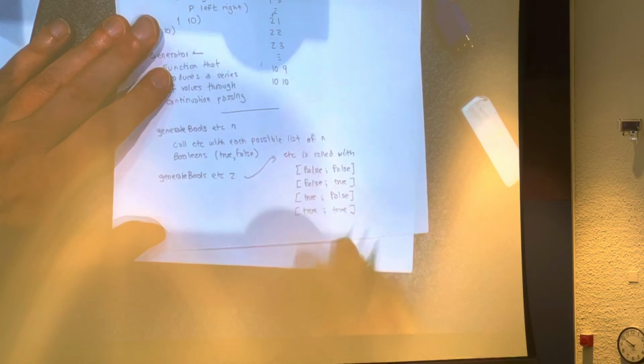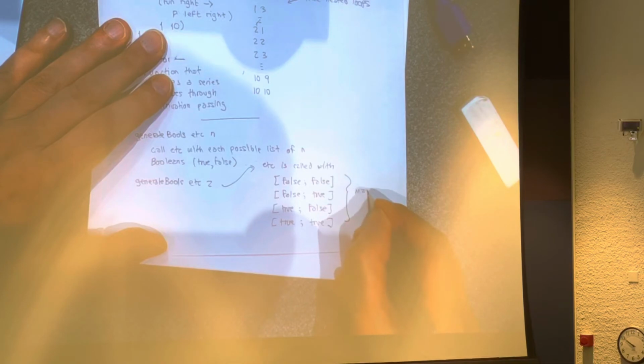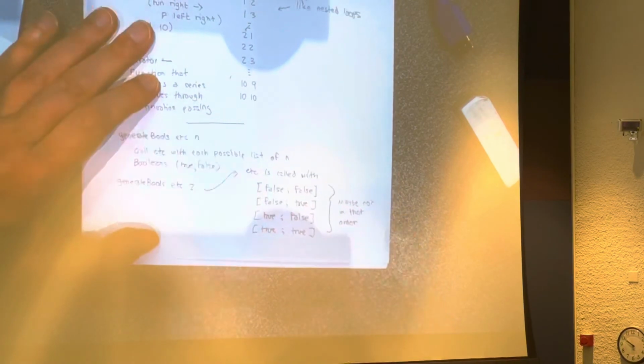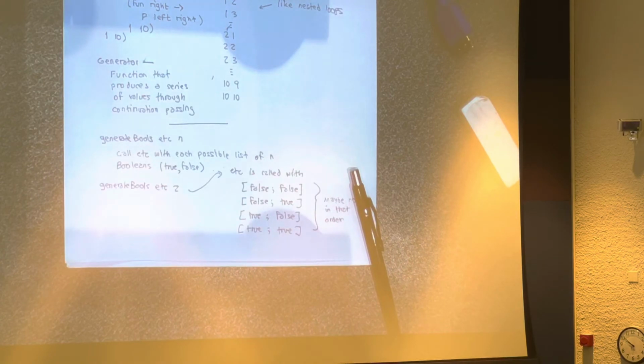Okay? Maybe in a different order. So let's say maybe not in that order. All right, so let's imagine that we don't actually care what the order is that we're generating the lists in. But let's say we do care that all possible lists of Booleans get generated. Okay?